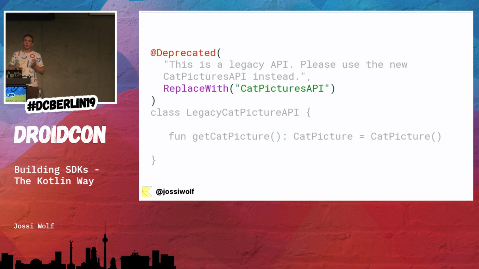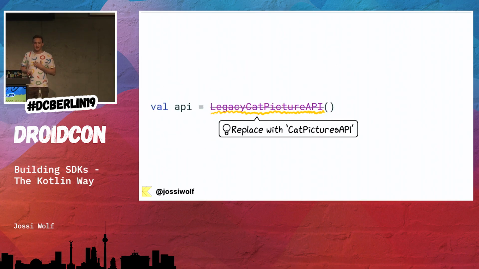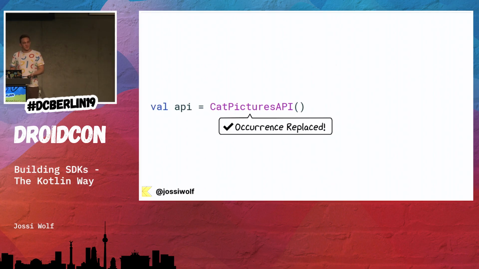Looking at how it actually looks when you use it, suppose you're using the legacy cat picture API, and you have this deprecated annotation on top of the legacy cat picture API with the replace with. So IntelliJ will automatically suggest, all right, replace this with cat pictures API, and you can just go and hit Alt and Enter, and it just replaces it.